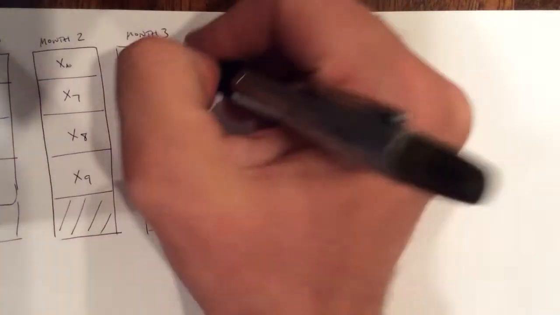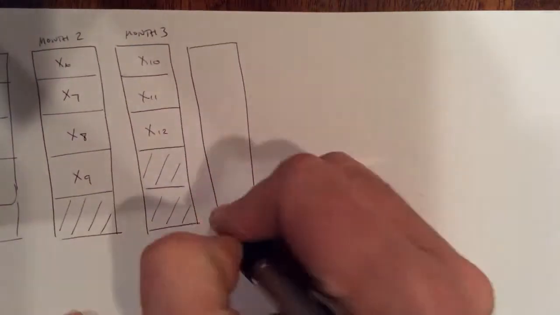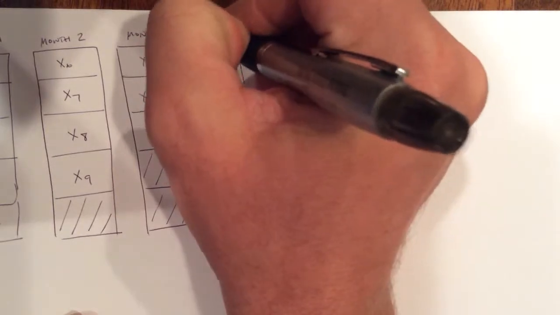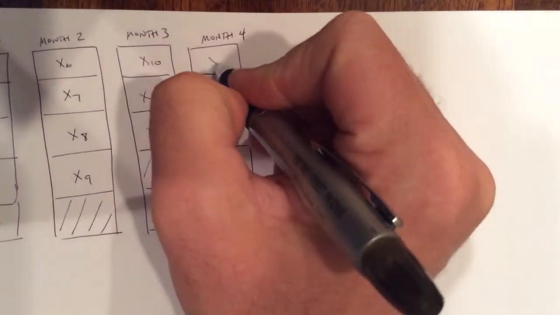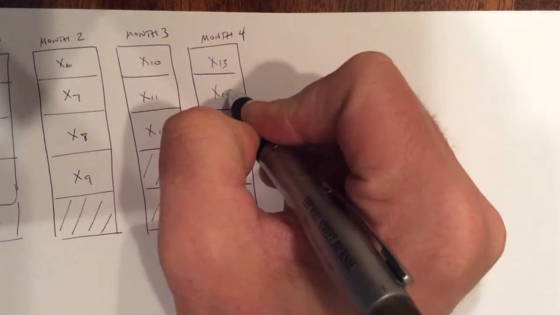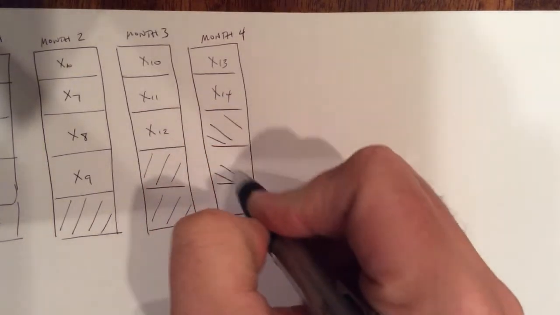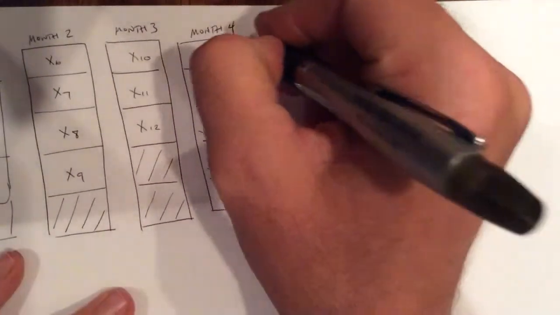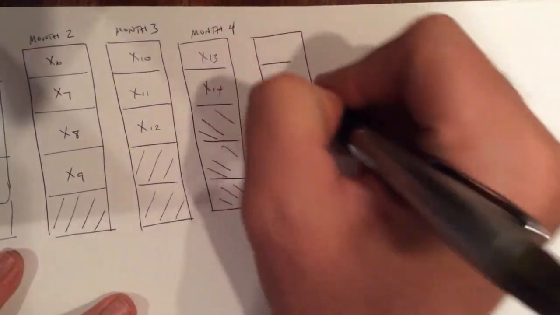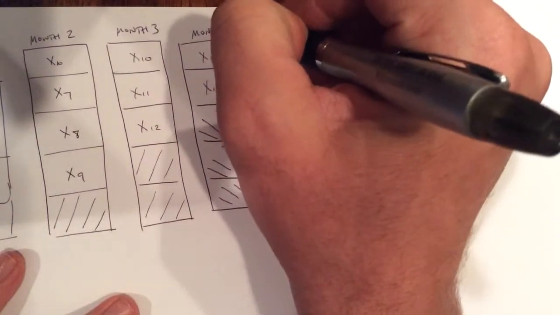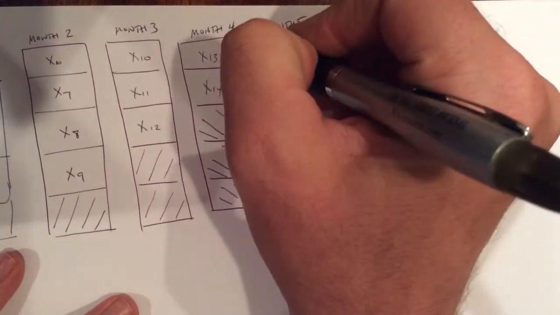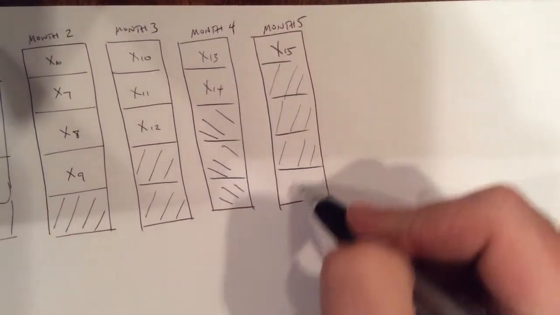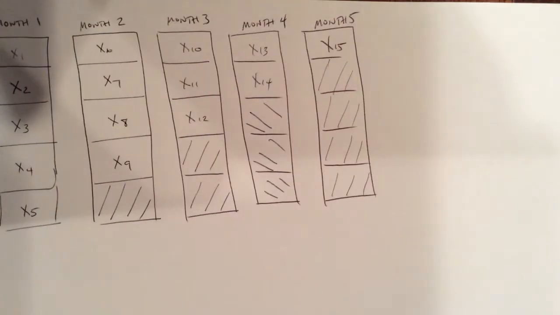All right, now in month 4, we can take out a 1-month loan, which is X13, a 2-month loan, which is X14, but no other loans at this time. And lastly, in month 5, the only thing we can do in month 5 is take out a 1-month loan, which is X15. Everything else takes us past the 6-month mark.